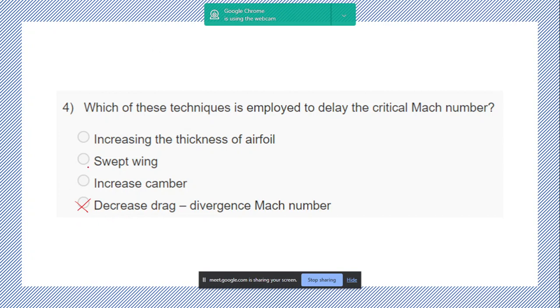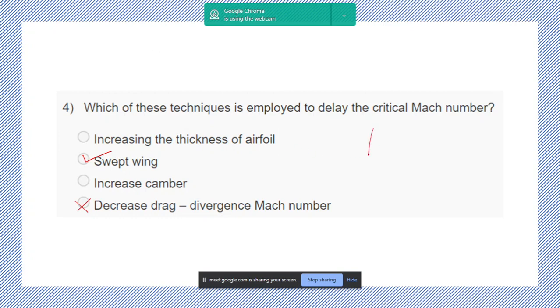What else can it be? When it says delay the critical Mach number, it means yes? Yes, yes, correct. Can you try to tell me why? Why does a swept wing delay the critical Mach number?